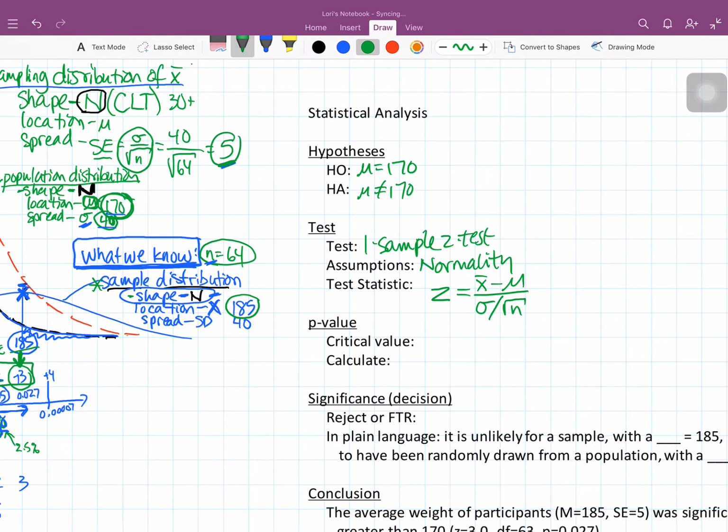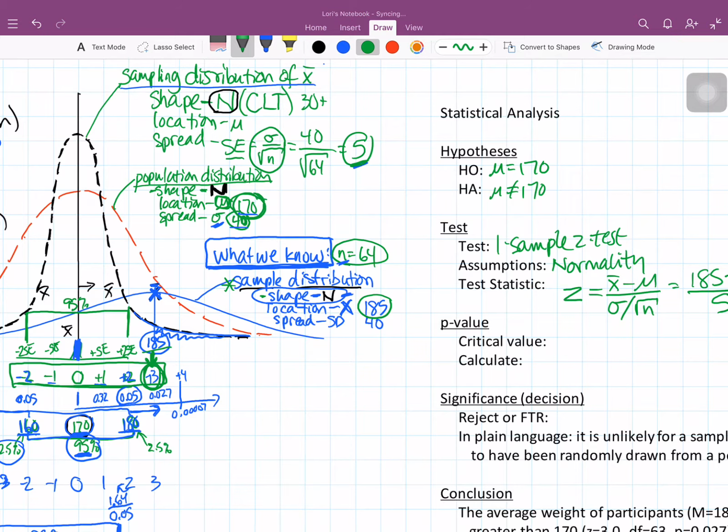So let's go ahead and do that. 185 minus 170 divided by 5. And that gets you 15 over 5, which is equal to 3. So there's the handy little 3 that we actually already came up with. So the test statistic isn't so scary after all.